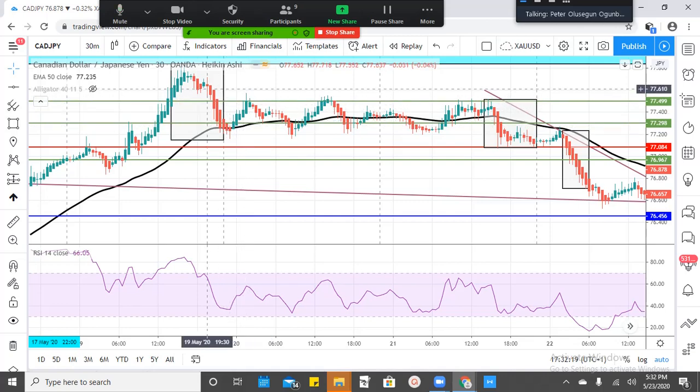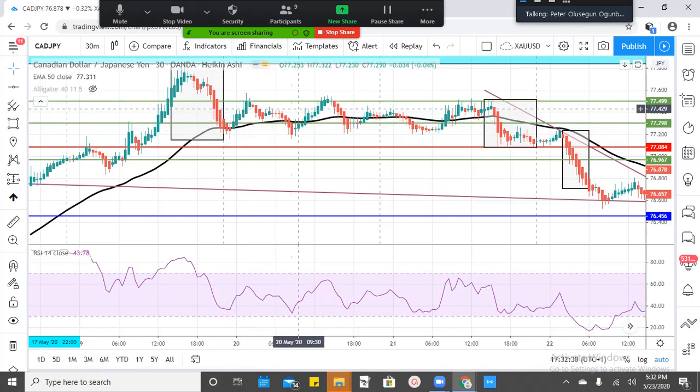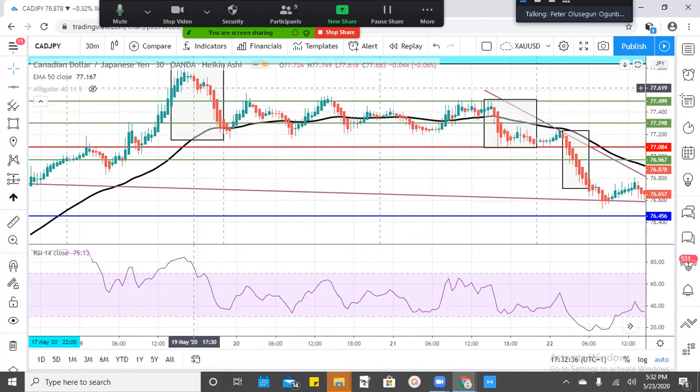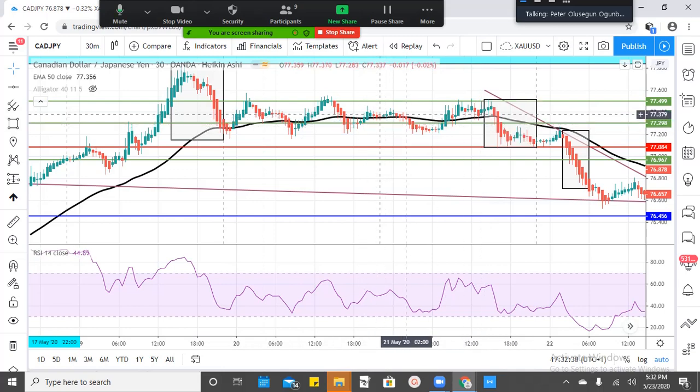So it does not make any sense for anybody to say maybe it's reversing or it wants to change trend. So price touched it on 30 minutes, went back in, and price was doing consolidation around it. So there is no signal from here to this point to enter into this trade on 30 minutes. If you are doing CAD JPY, there is no signal for you to enter it.